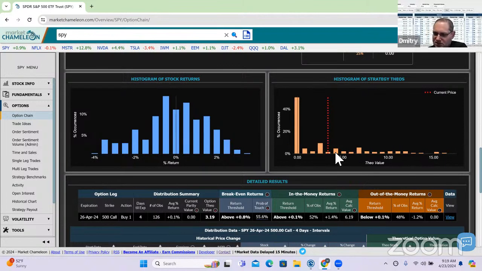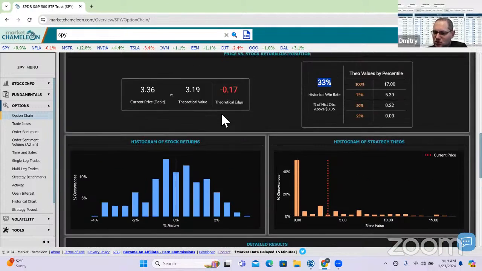So it could be between $4.22 and $5, but you had some big ones out here. One observation around 17, one observation between these two. So this is what the distribution of the theoretical values would look like if we used historical data.